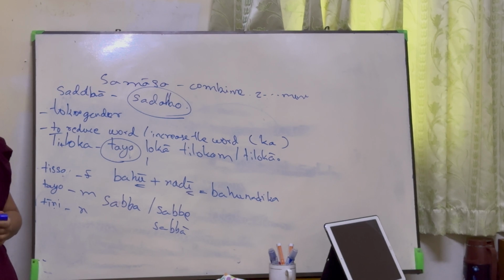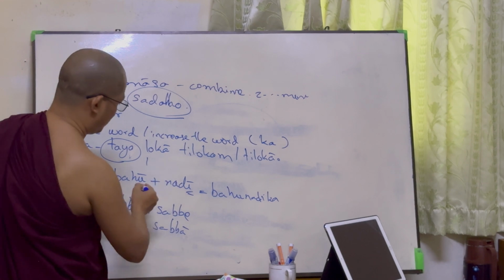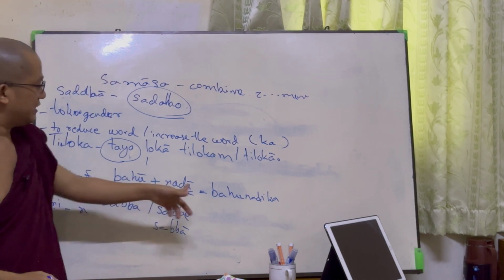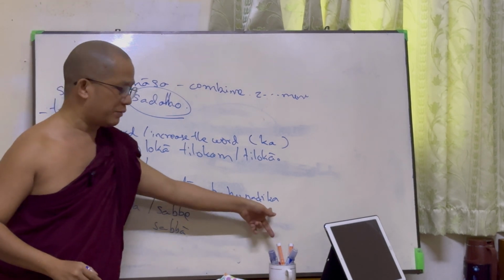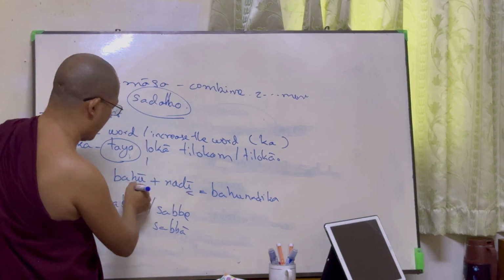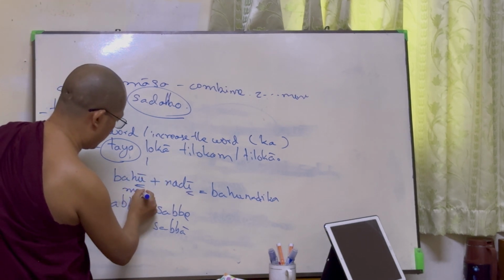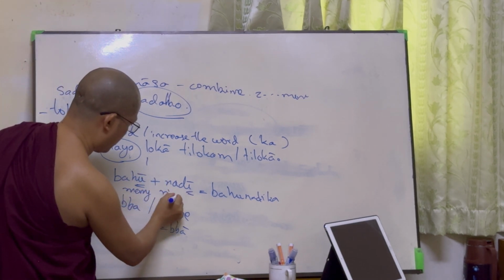I want to know exactly with the ka we increase. Nadī, because sometimes nadī is also river. Bahu is many here. Bahunadika is also many rivers. But the river referred to here is, when we translate it, many rivers.